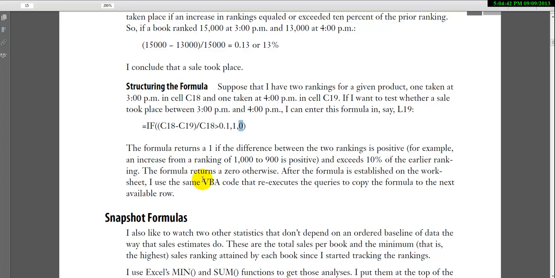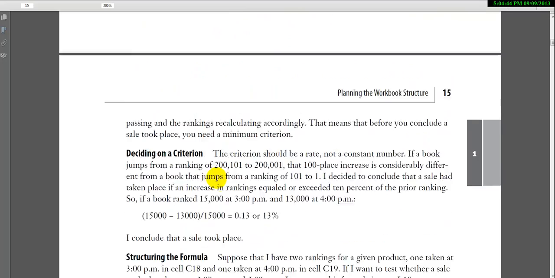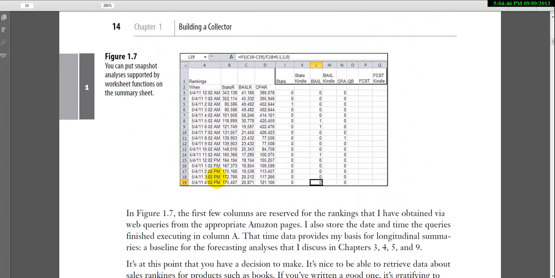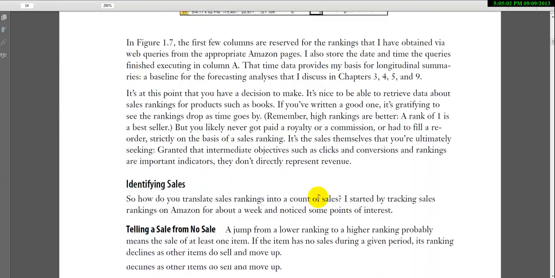Okay, we don't know what that's going to do, but I guess what he's saying is next time we get more data, right? This is going to be running every hour, so we're going to get more data, and he's going to automatically copy this formula that we just saw into the next row and the next row and the next row and so on.